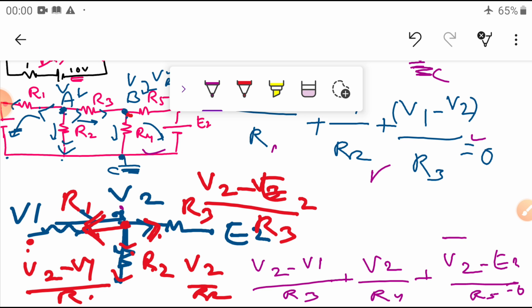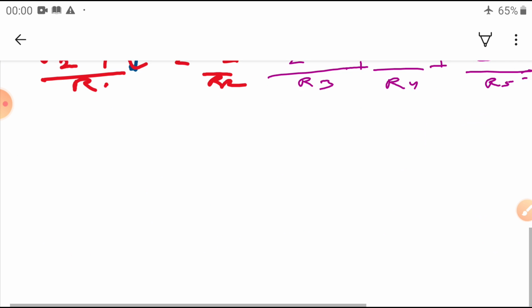This is the second equation. This is the first equation, this is the second equation. Simple, make the V1 terms, V2 terms and write in matrix form. Done. So we are going to get these two equations.